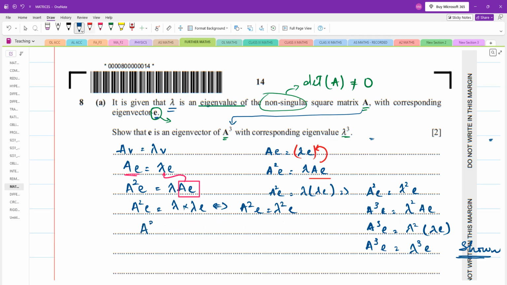So it's going to become A cubed V is equal to lambda squared A V. And once again, we are going to substitute A V with lambda V. So it's just going to become A cubed V is equal to lambda cubed V. Which goes to show us that for a matrix that is A cubed, it will have an eigenvector V for which the eigenvalue will be lambda cubed.